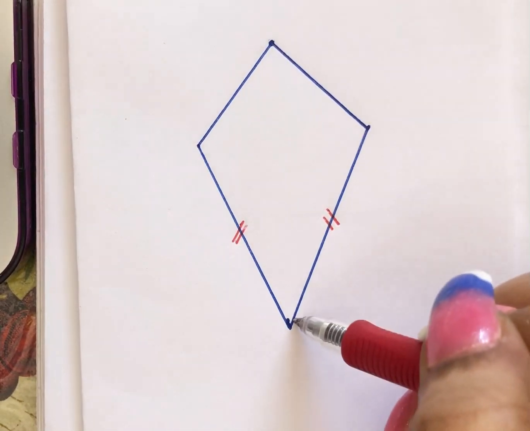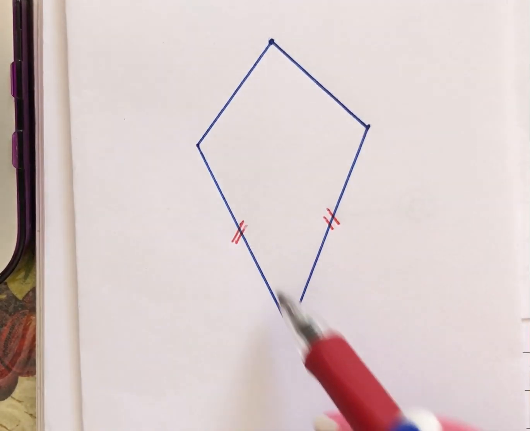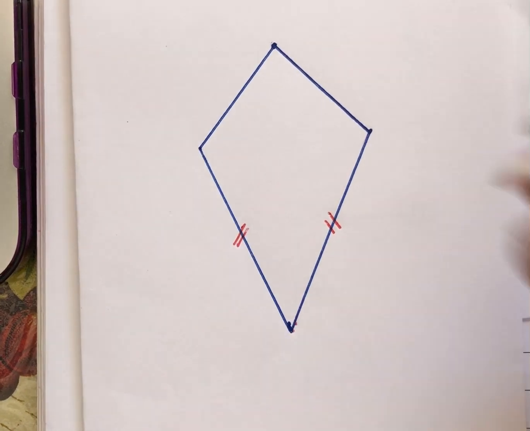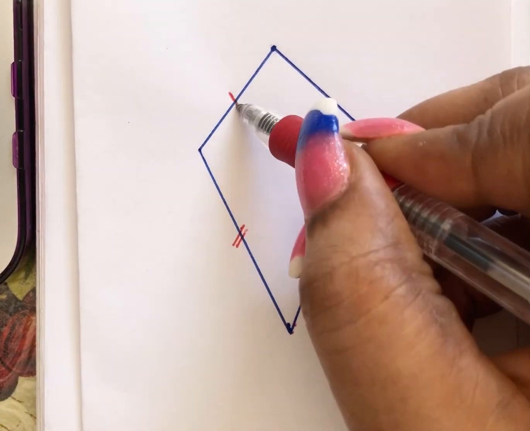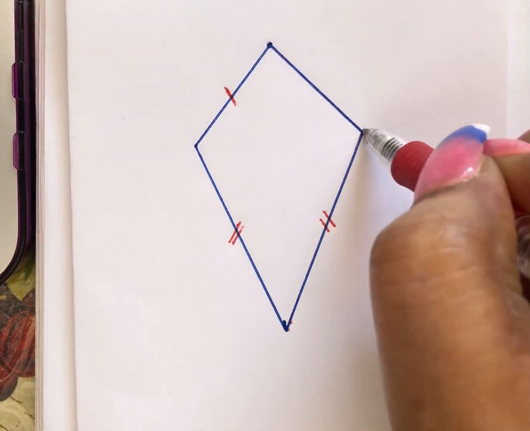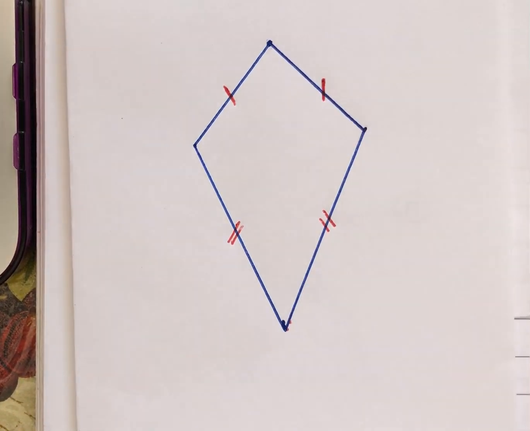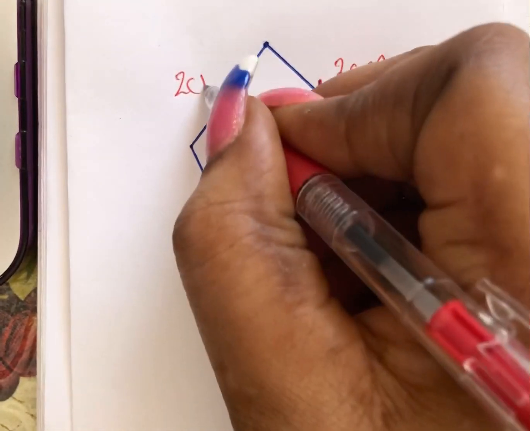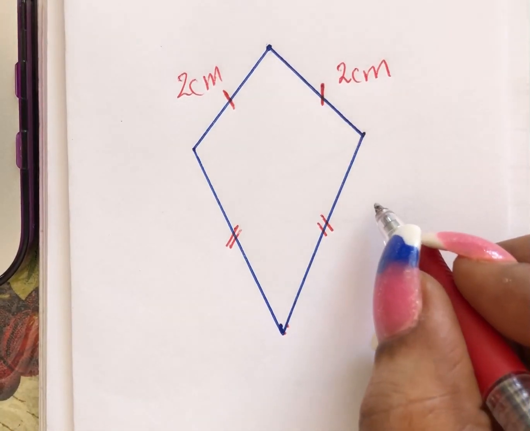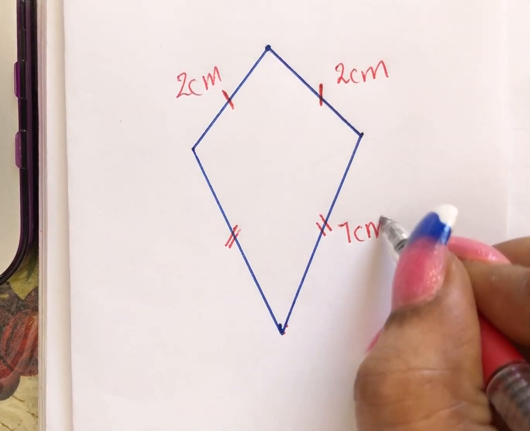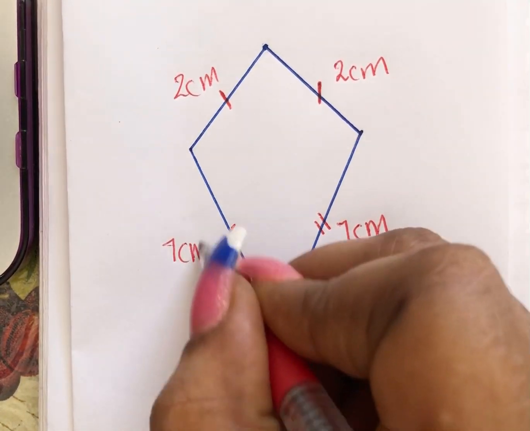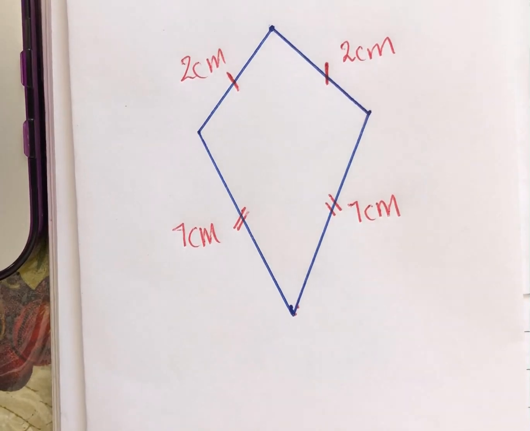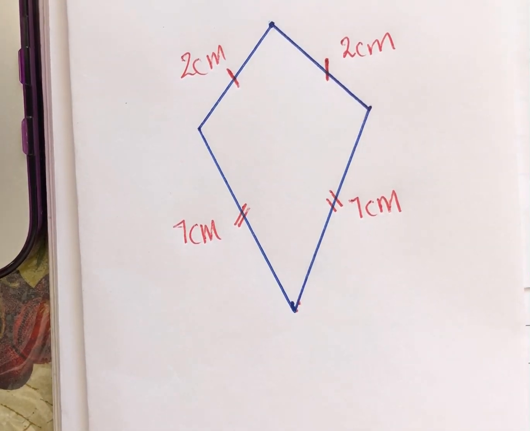So this side is exactly equal to this side, and this side is the exact same measurement as this side. So if this side is 2 cm, then this side must also be 2 cm. If this side is 7 cm, then this side must also say 7 cm.